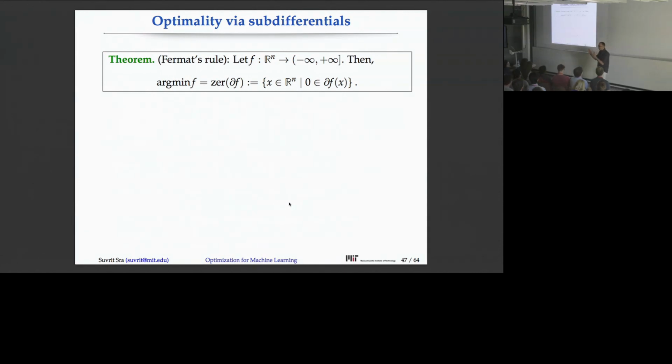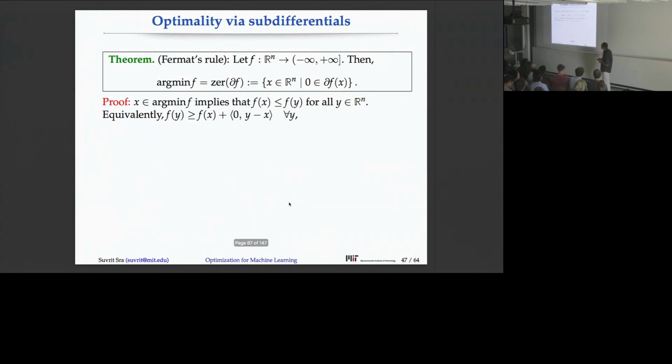So this is not a gradient. Subdifferential is a set of potential vectors. If this set is a singleton for differentiable functions, then this will become gradient equal to 0, otherwise it's just 0 belongs to. And the set of minima of f coincides with the set of vectors where 0 lies in the corresponding subdifferential.